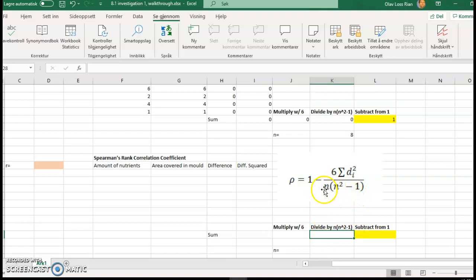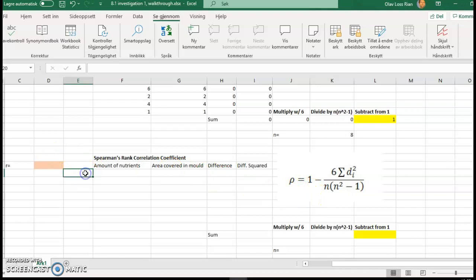And you can fill out this formula and divide it by that number. And finally, you subtract everything from 1 to get your R value. So again, this looks like a P, but this is really a Greek R.